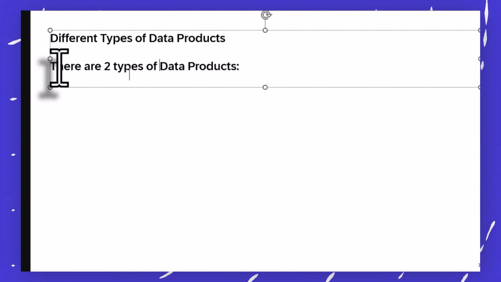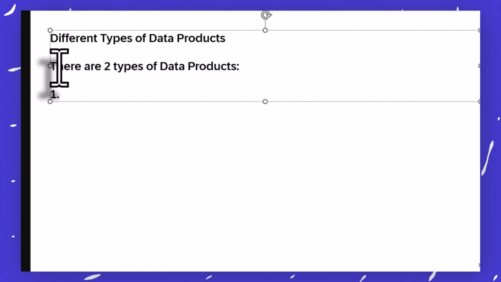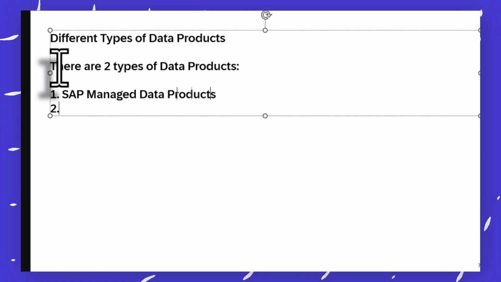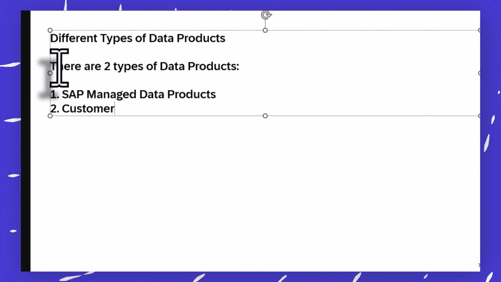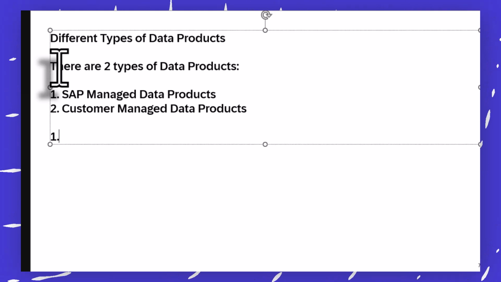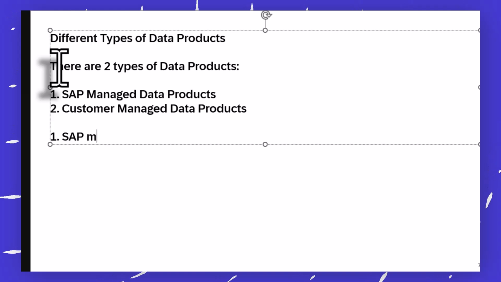What are those? One is SAP managed data products, and the second one is customer managed data products. Now let's first discuss SAP managed data products.